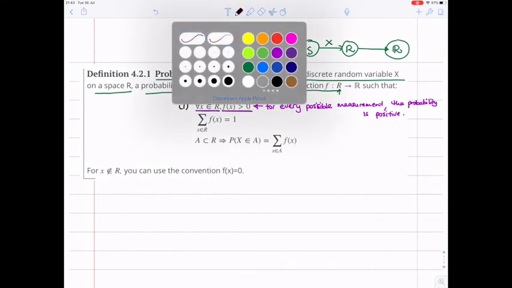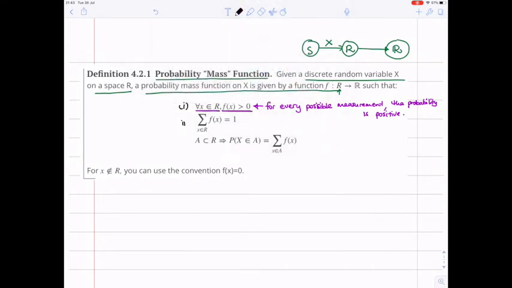What's the next point saying? So our next point is saying that if we add up the probability of each measurement that's possible, we need to get a sum of 1.